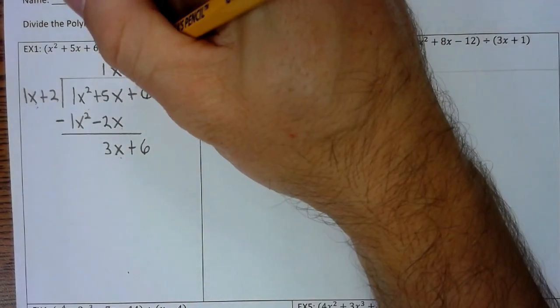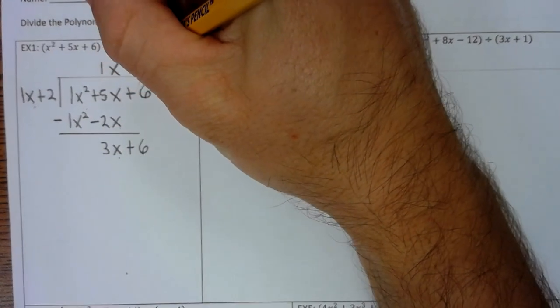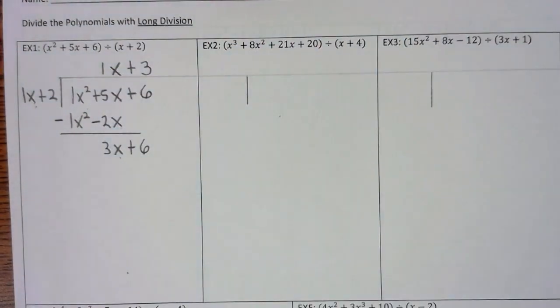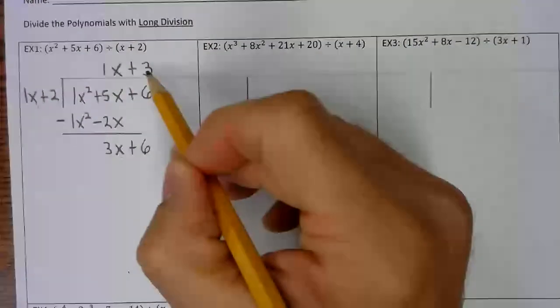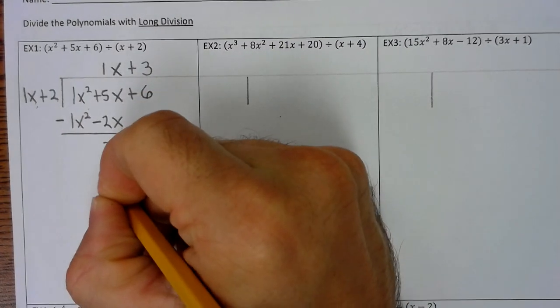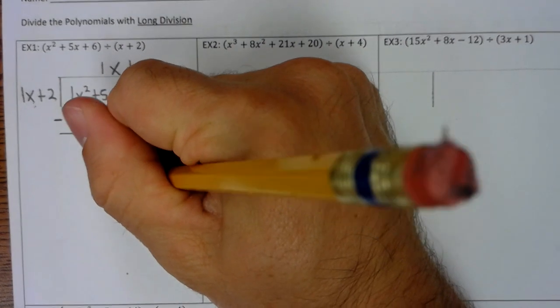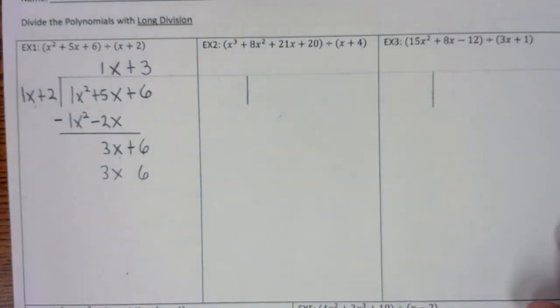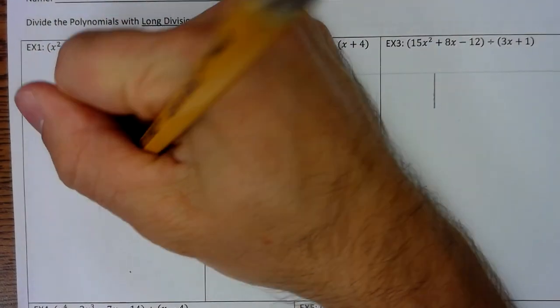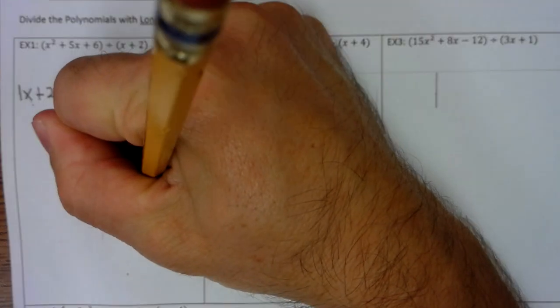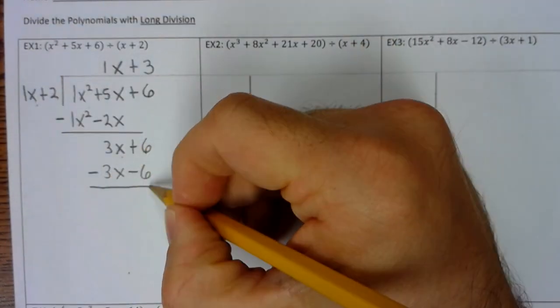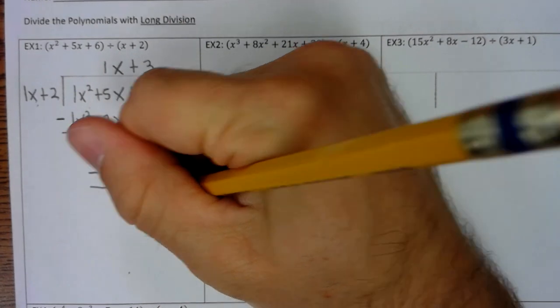Well, the answer to that is 3. And then we repeat the step. So 3 times 1x is 3x. 3 times 2 is 6. And then we subtract. Well, that becomes 0. That becomes 0. So our remainder is 0.